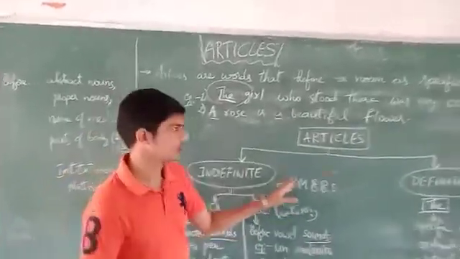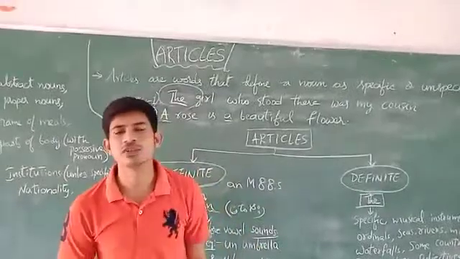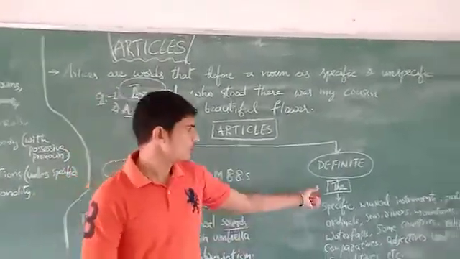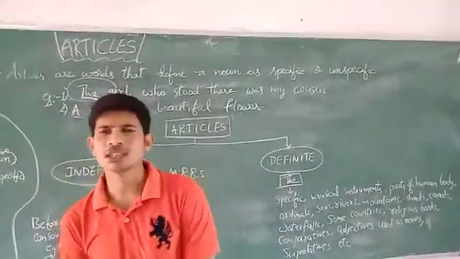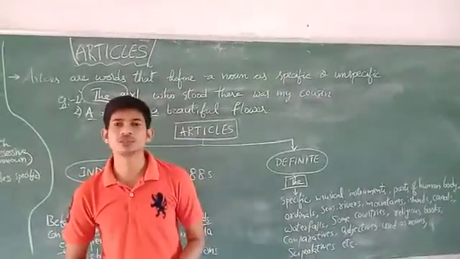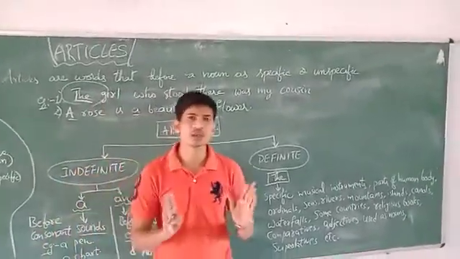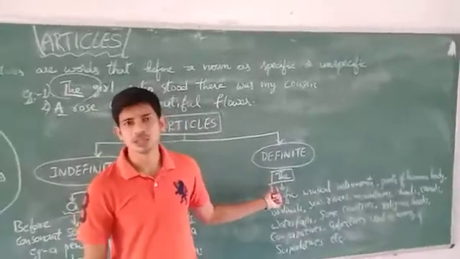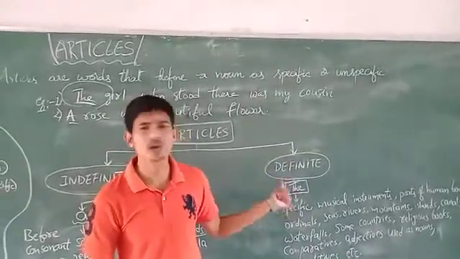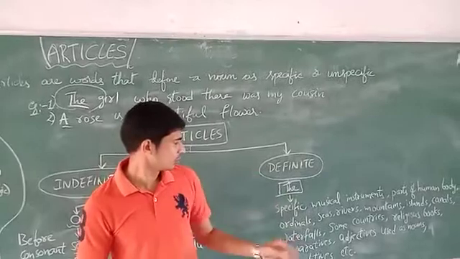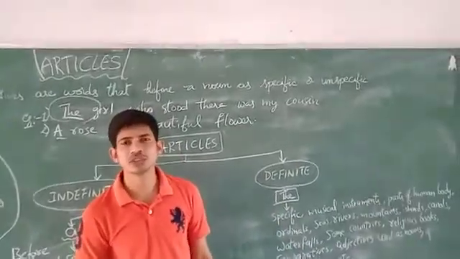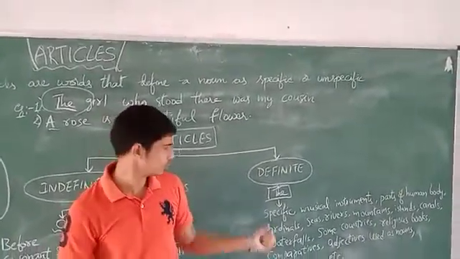Most important point. Now let us come to know about the definite article, the. We call it the definite article because its existence and its use is certain, meaning confirmed. In confirmed cases only we make use of the. For example, before specific and unique things we use the.